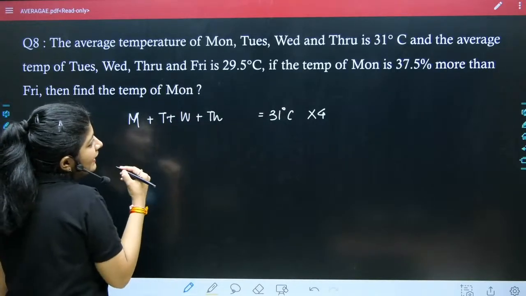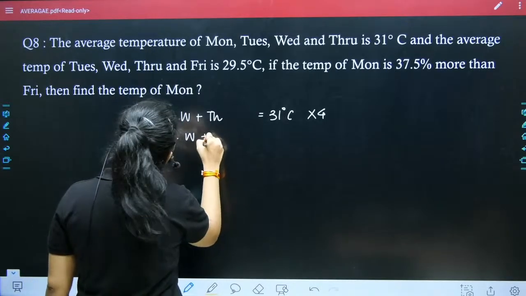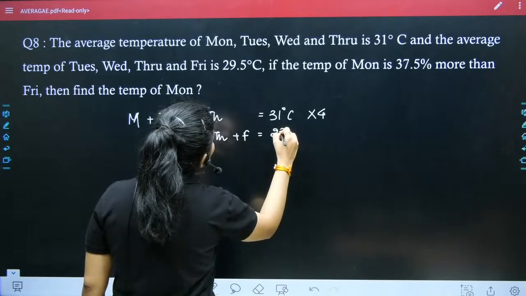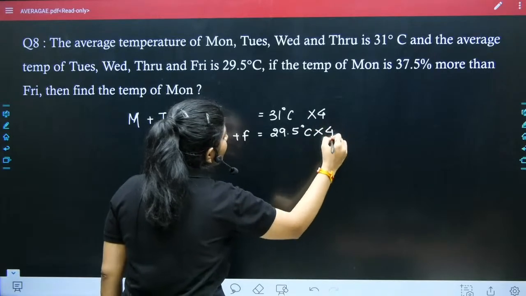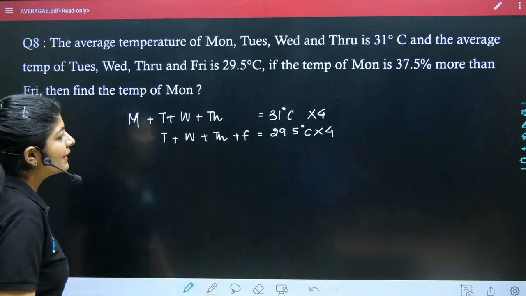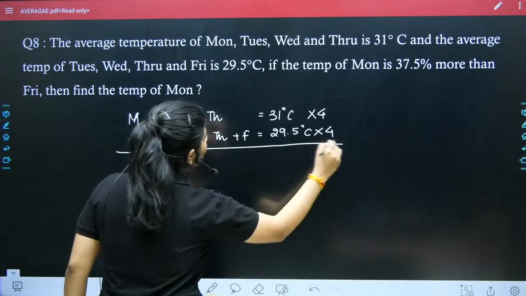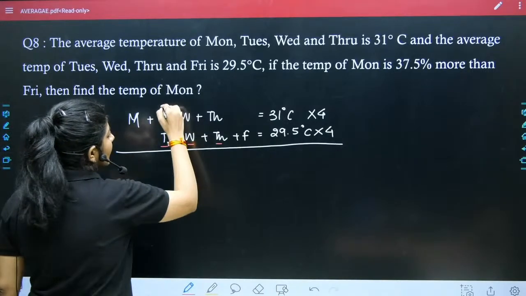In the other line, it is given that the average temperature of Tuesday, Wednesday, Thursday and Friday is equal to 29.5 degrees Celsius. And if we have to find out the sum, we have to multiply this by 4 as well. Now what we have to do is just simply subtract these terms.